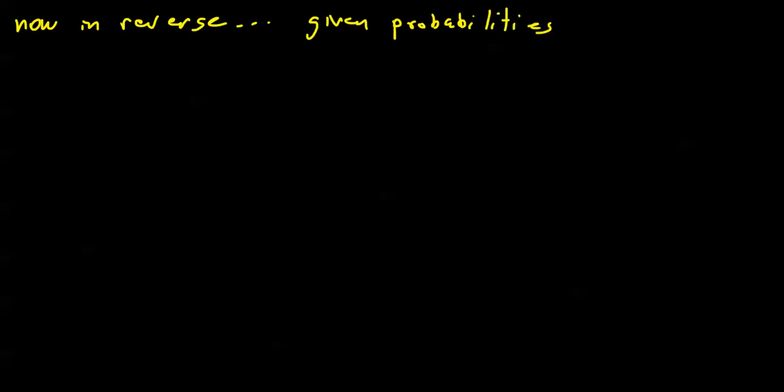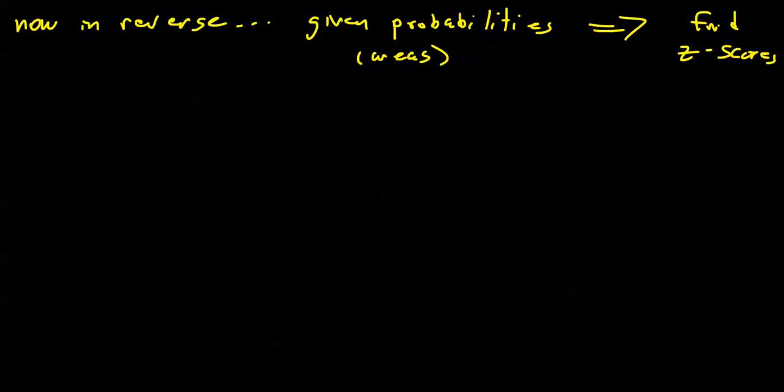Now we're going to work it in reverse, and it's going to involve a new command on our calculator. Instead of being given z-scores and finding probabilities, let's say we're given probabilities in terms of areas, and then being asked to find z-scores or z-values.